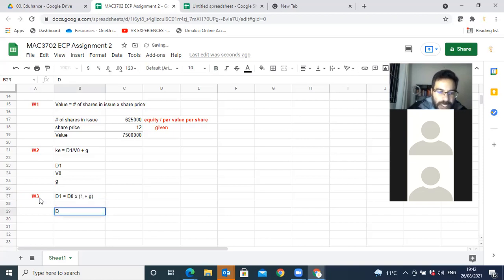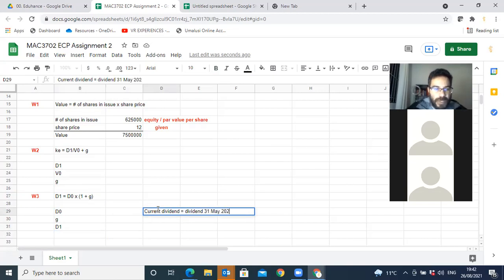So therefore, I'm going to need D0 and I'm going to need g, and that's going to give me D1. So I know D0. Say current dividend, just on the side for you to know, equals the dividend at 31 May 2021.